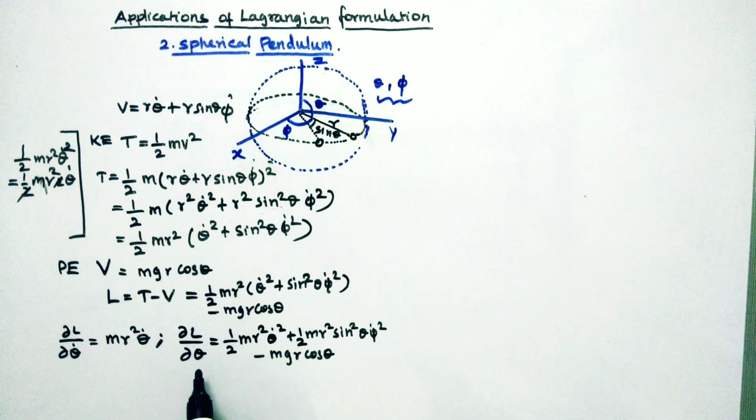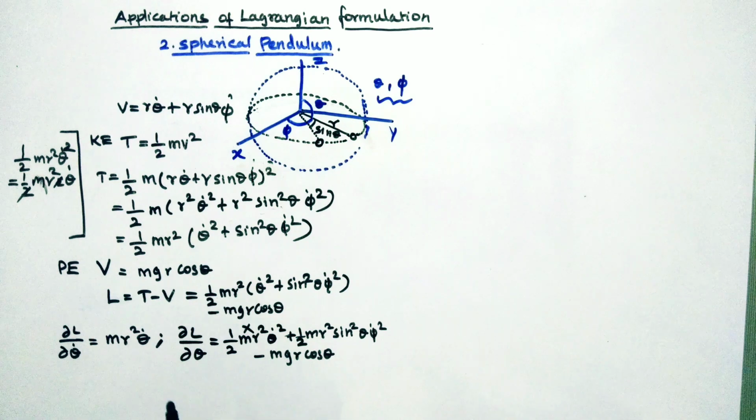Now differentiate with respect to theta; the first term is cancelled. Then half m r square sin square theta phi dot square.